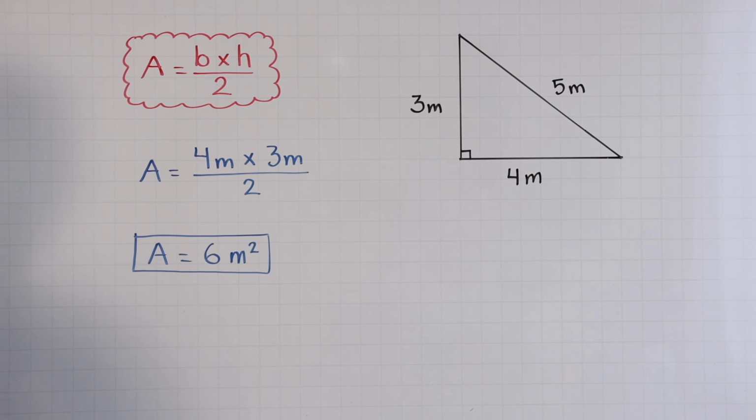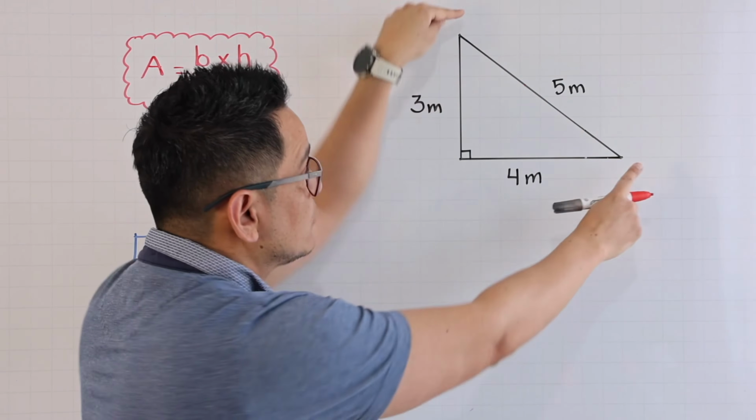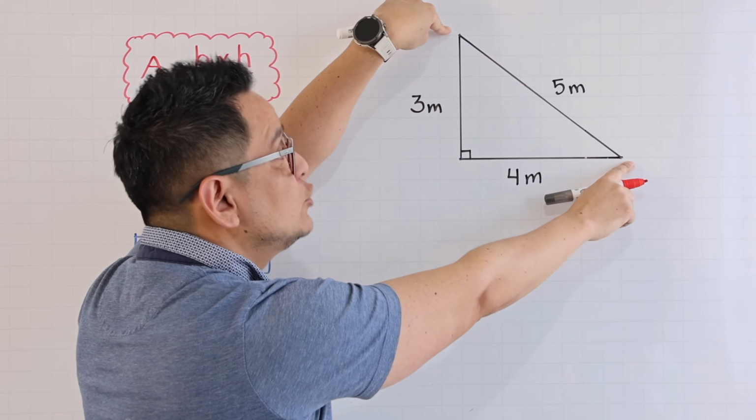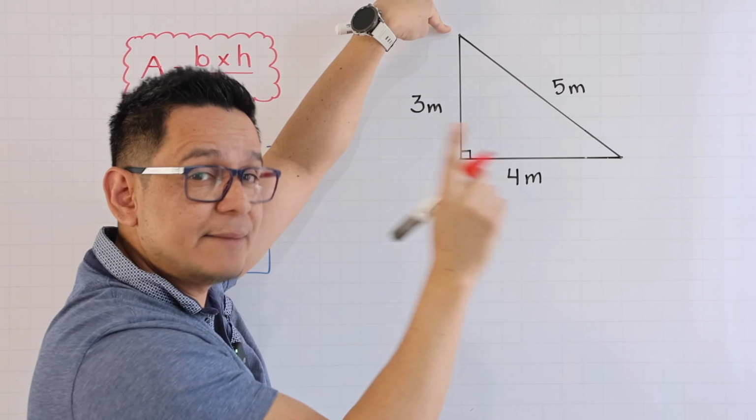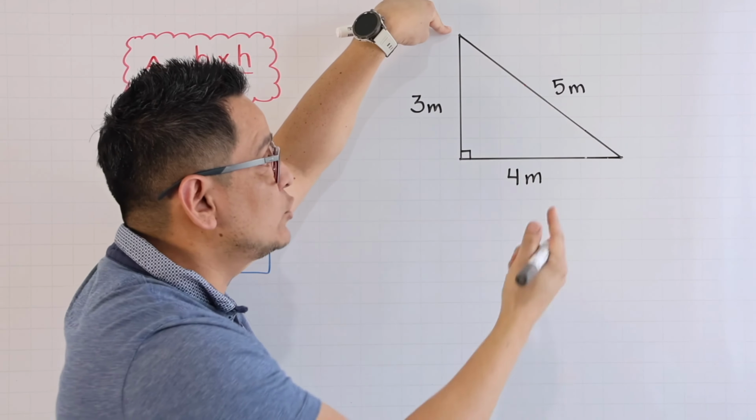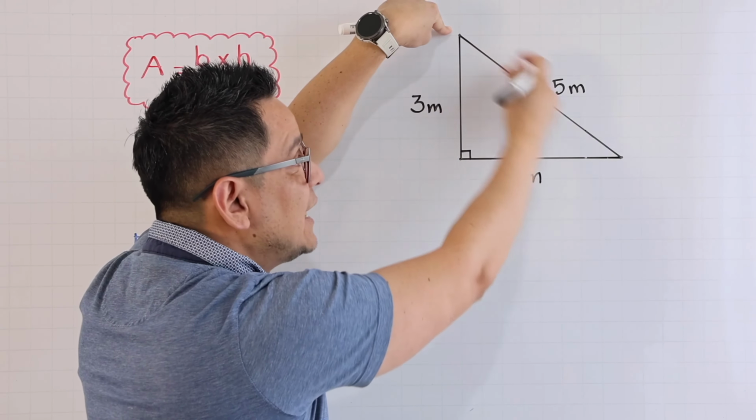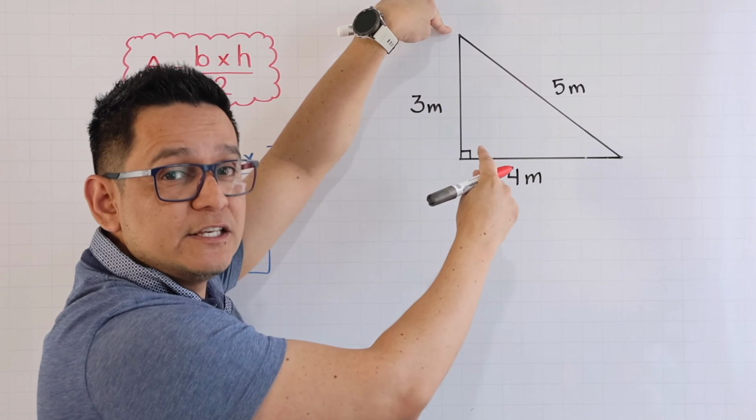Before we continue, I want to clarify something. We can consider this as the base. So in this case, the base measures 5 meters. But if we consider this as the base, then we wouldn't have the height, because we agreed that the height is the line segment that is perpendicular to the base and passes through the opposite vertex.